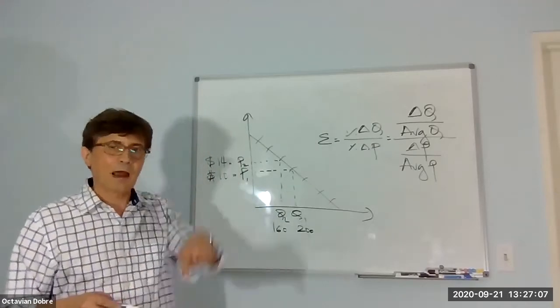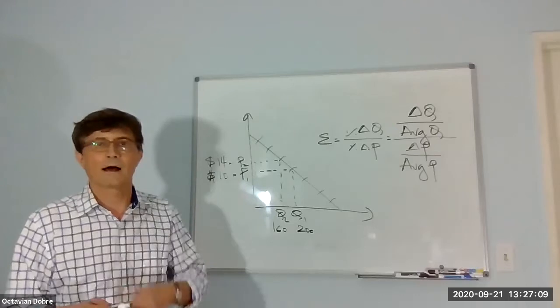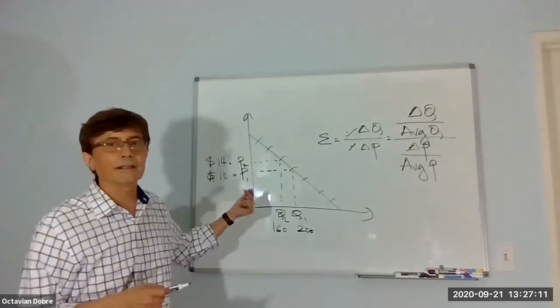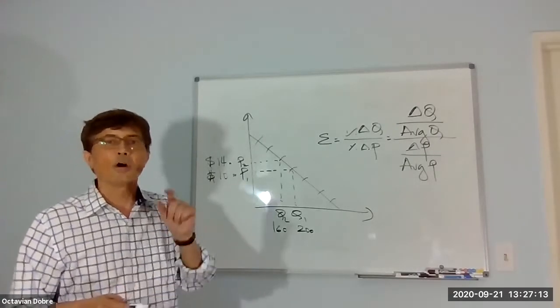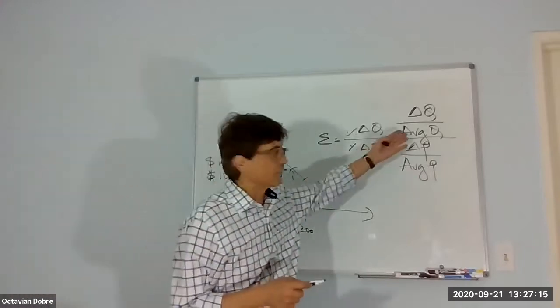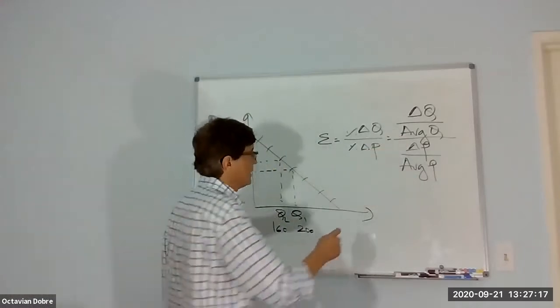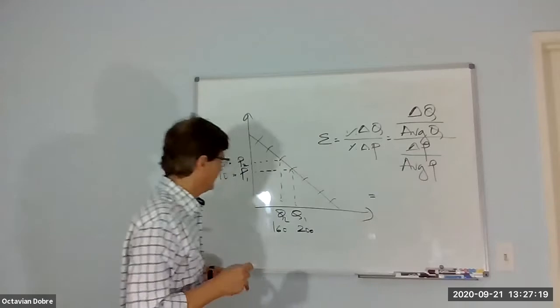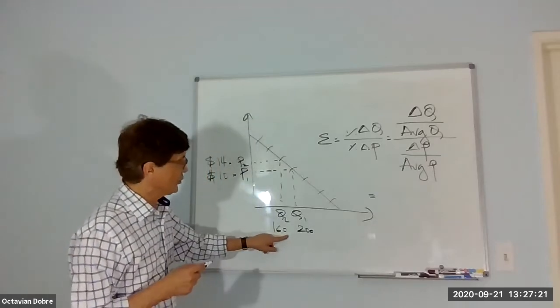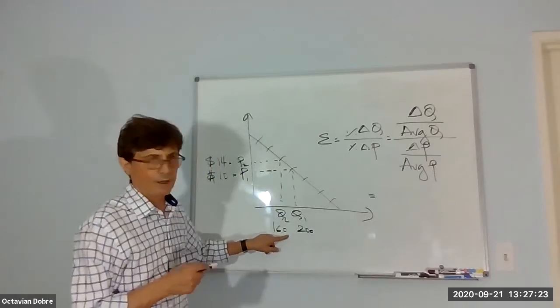So higher price, lower quantity demanded; lower price, higher quantity demanded. Let's calculate the price elasticity of demand on that segment using the average method. Well, it's going to be equal to this. The change in Q is equal to 40.